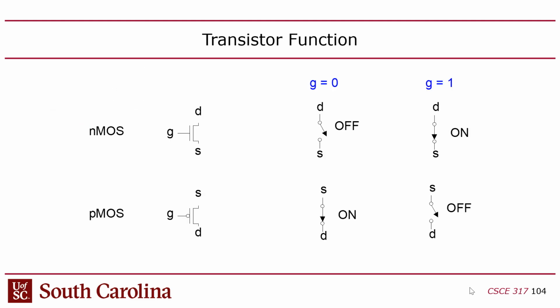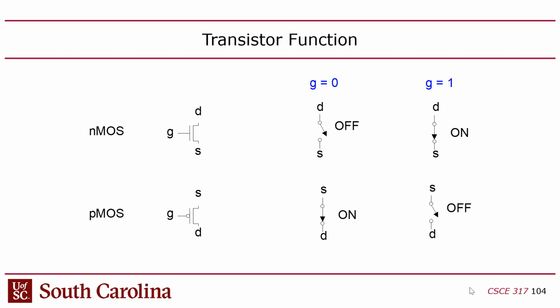Well, to understand that, we got to go back and talk about transistors for a second here. Some of you have taken electronics, right? Electrical 371. Some of you have, some of you haven't.